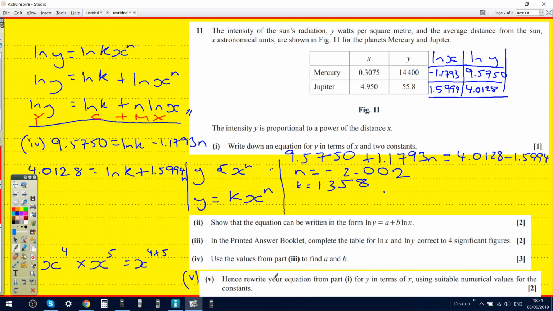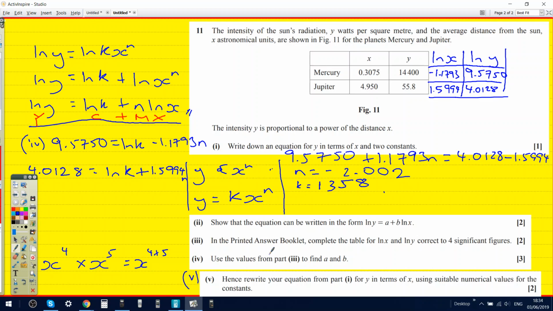For part I, we just did y equals x to the n. That's what we did, right? So y equals kx to the n.